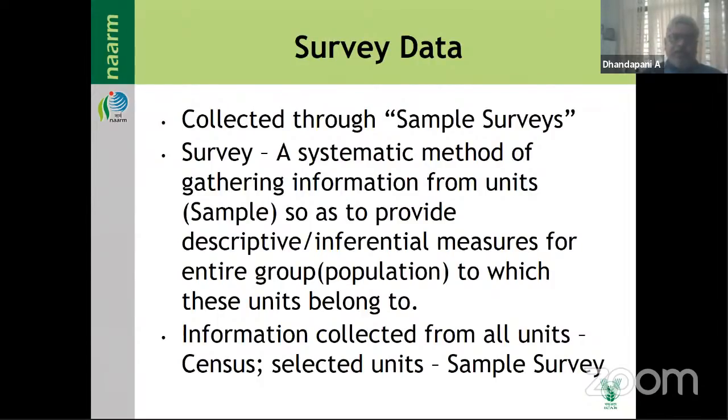Why we go for a sample survey, we will come to a little later. When you talk about a survey, people distinguish whether you collect it from all the units, then it is called a census, or if you select a few units and conduct a survey, then we say that it is a sample survey.